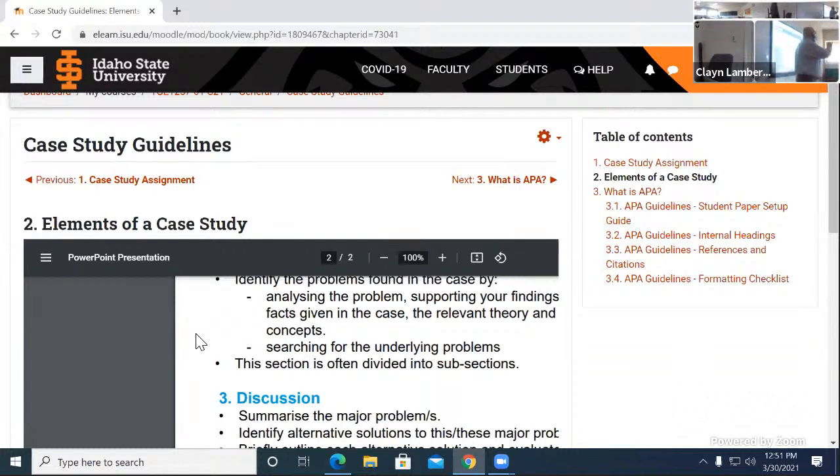Remember, findings is when we talk about what? The problems in the case. So I might have subheadings of problem 1, problem 2, problem 3. And I put those in so that when I'm looking at this paper, I can flip around and find exactly where the information I'm most interested in is. That's why we include headings. It literally gives us a table of contents as to what I'm looking for.